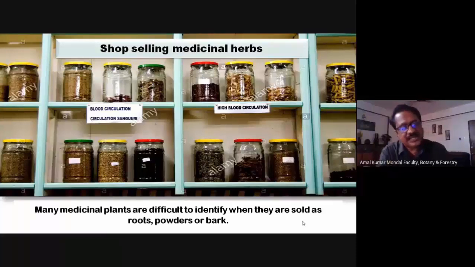In addition, since the collection of roots usually requires the whole plant to be dug up, the trade of medicinal roots has a large impact on natural plant population. Thus the identity of the plant being sold in these markets has conservational as well as medicinal implication.